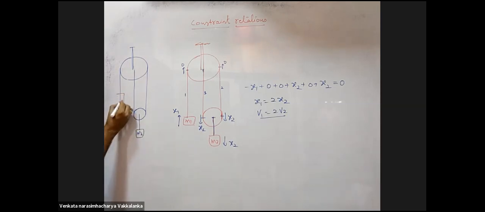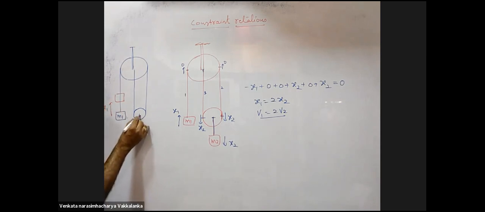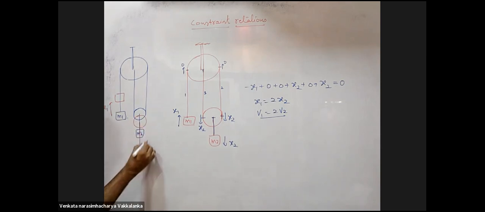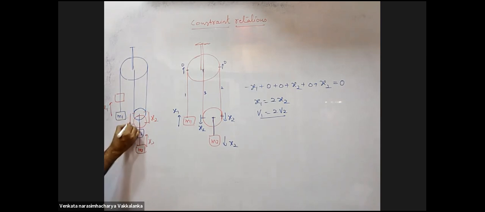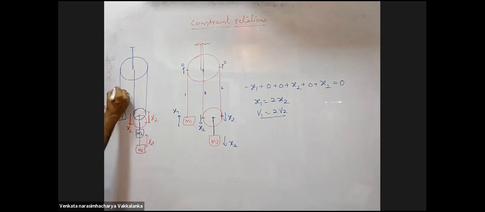In the final stage, I will show M1 moving up by a distance of x1 and the pulley moving down by a distance of x2. M2 moved down by x2. That means this end point moved down by x2, this end point moved down by x2. Do you agree with this? Yes. Red color is the pulley after time t. Small m2 came down by x2, which means the pulley came down by x2. This end point came down by x2, this end point came down by x2.